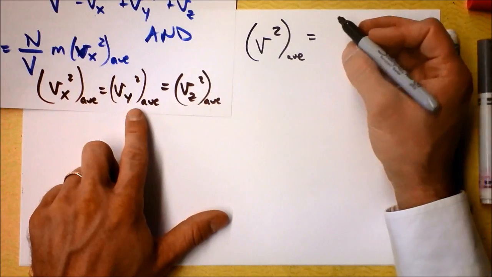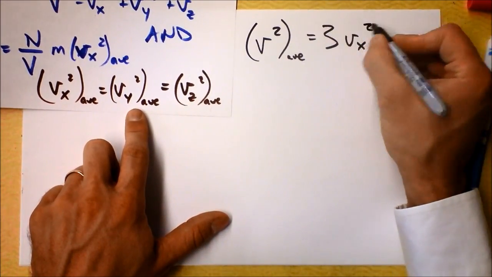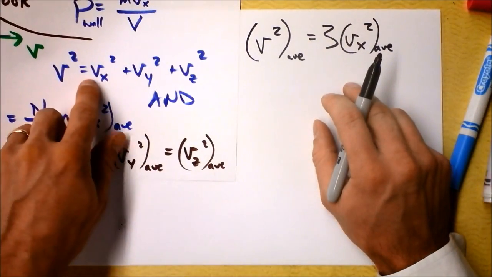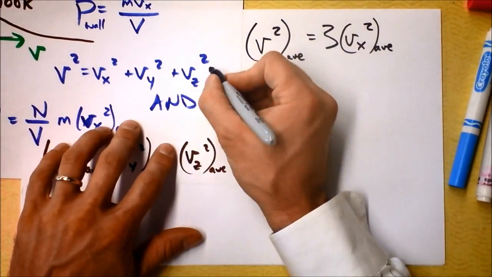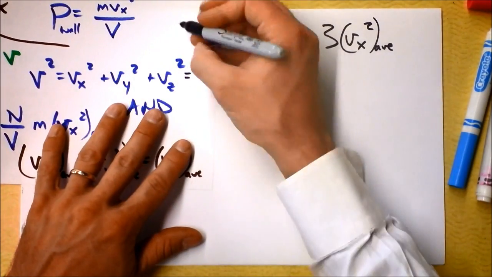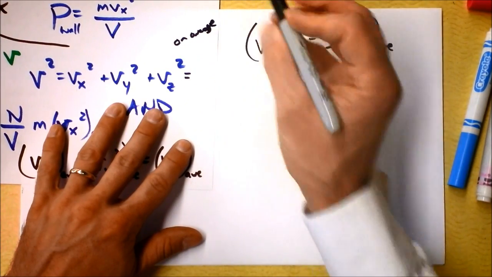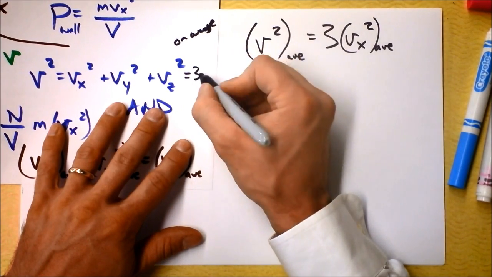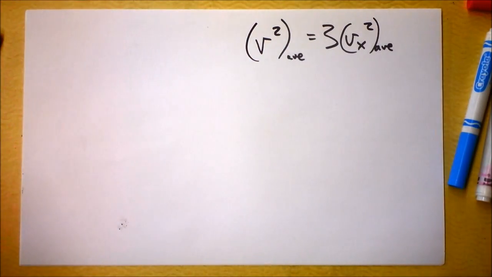That would be equal to 3 of Vx square average, because they're each the same and because the V square is the sum of all of those. It is very important that I'm taking that average. On average, I've got 3 times Vx square.